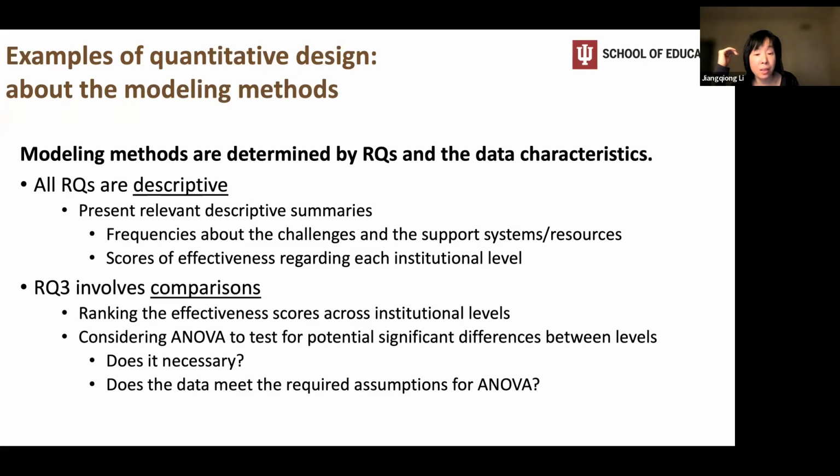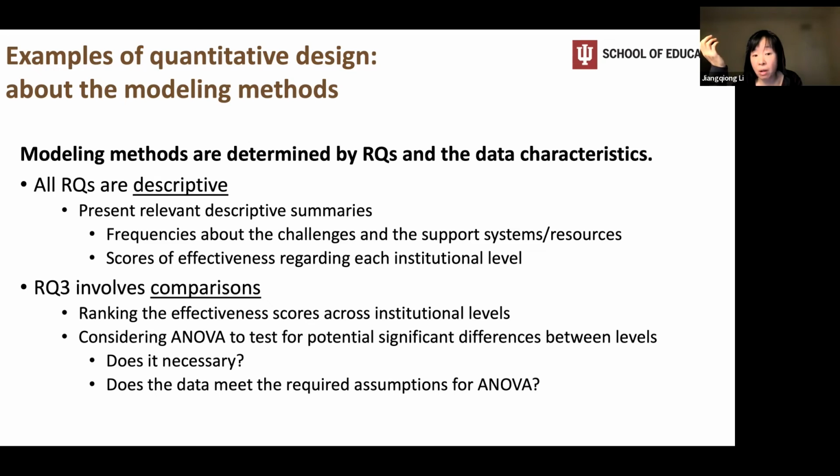And also, does your data really allow you to conduct an ANOVA study? Because there is a list of relevant assumptions that need to be met for ANOVA analysis. So you want to go back to check your data, and make sure every assumption can be met based on your data.